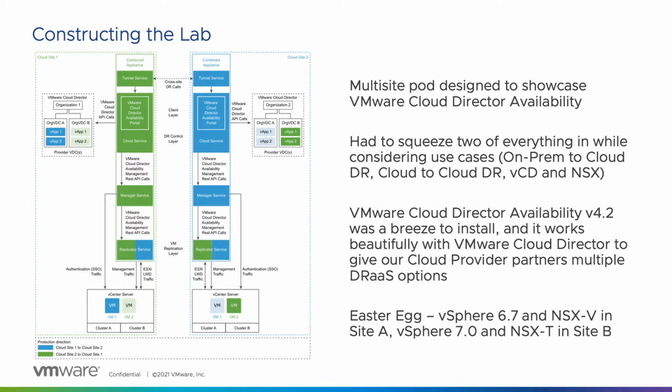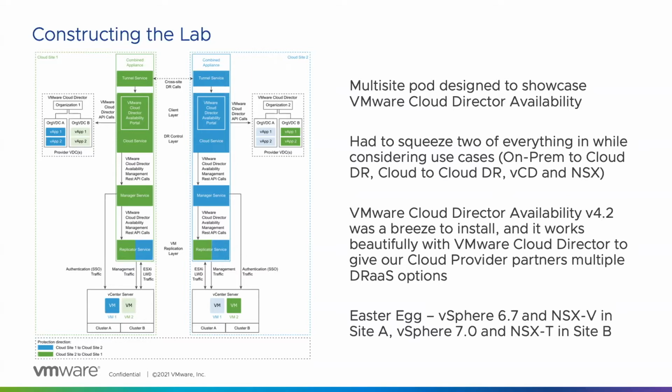So if you want to play with the pod, after you, of course, have become completely familiar with Cloud Director Availability, you can use this same pod, deploy the lab, so you can get a look at vSphere 6 versus vSphere 7 and NSX-V versus NSX-T, not just standalone, but also how they interact with VCD, because both sites have VCD deployed as well.